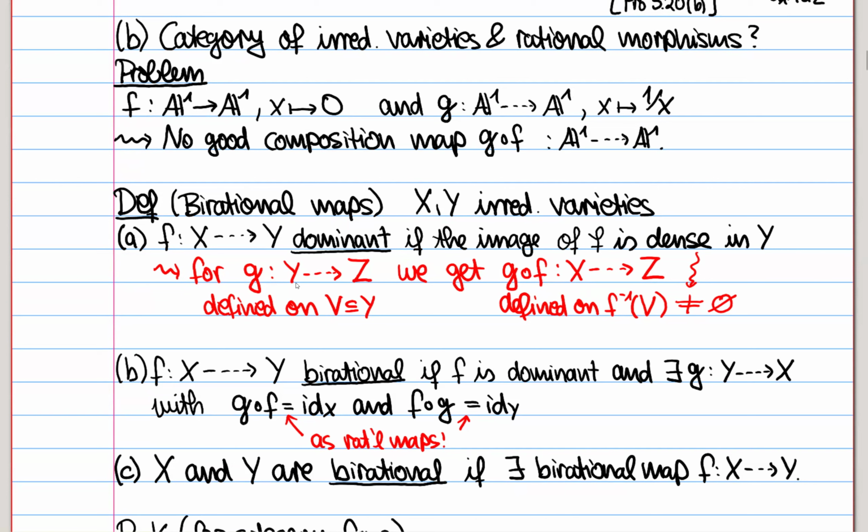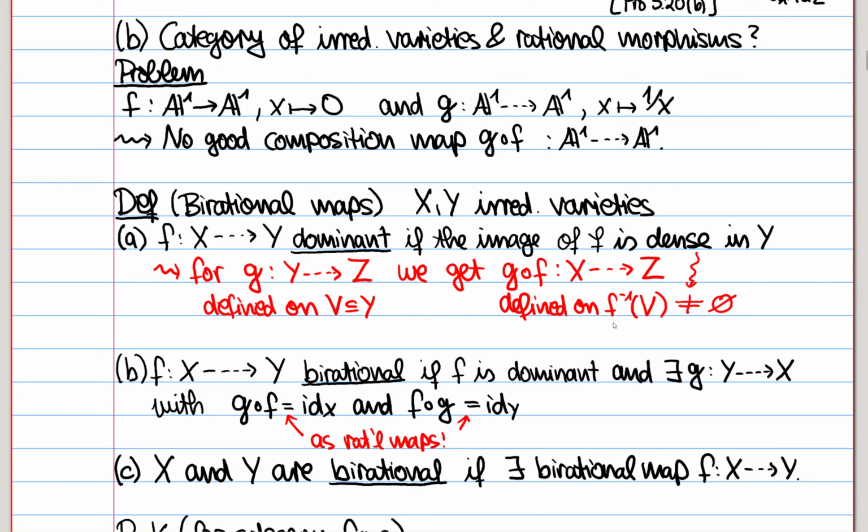Well, G is defined on V, and so for this composition we only want to allow places inside the domain of definition of F which are sent into V. On there, we can really compose these two morphisms.